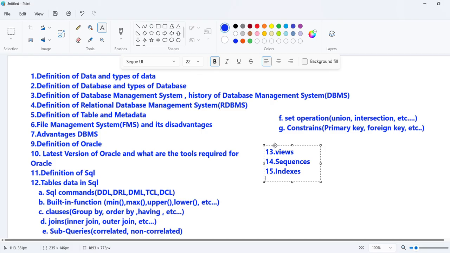After that, materialized views. After that, we will read about synonyms.